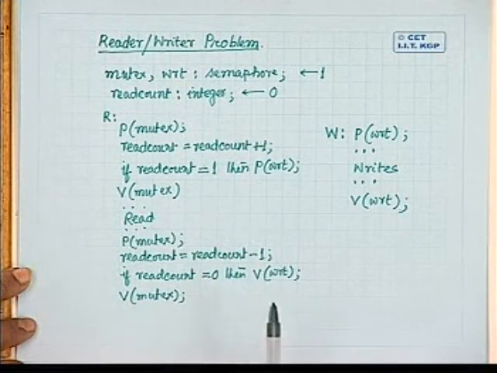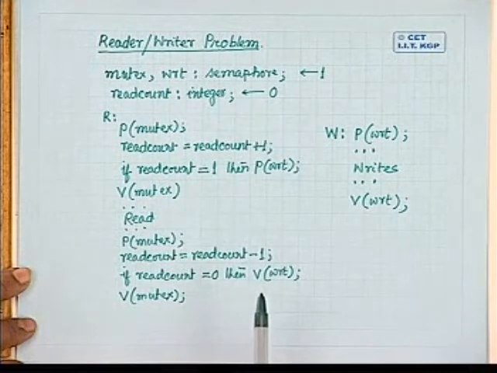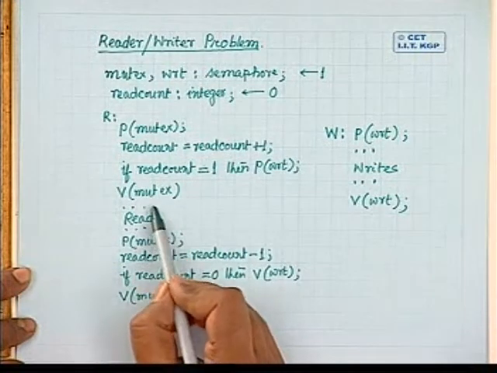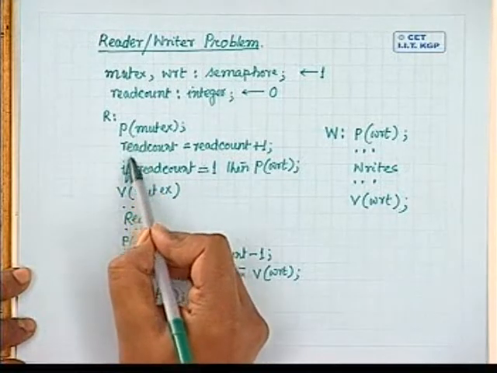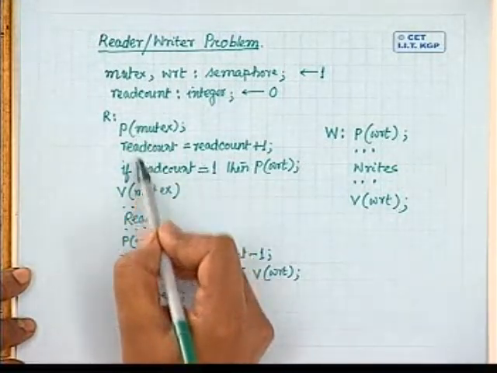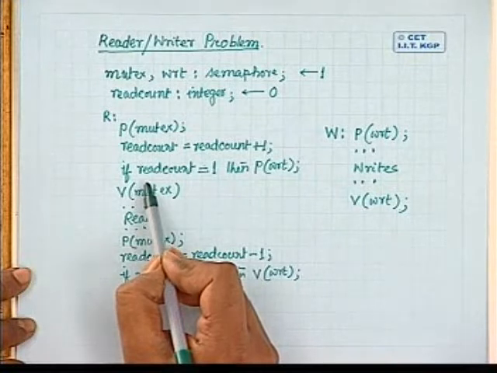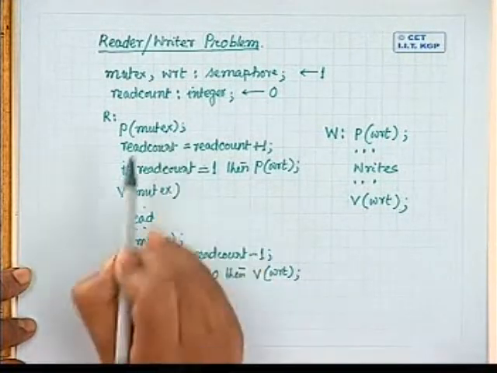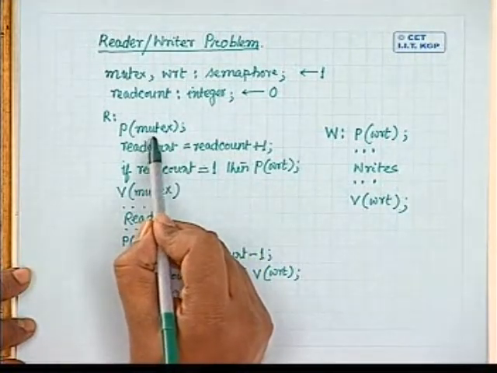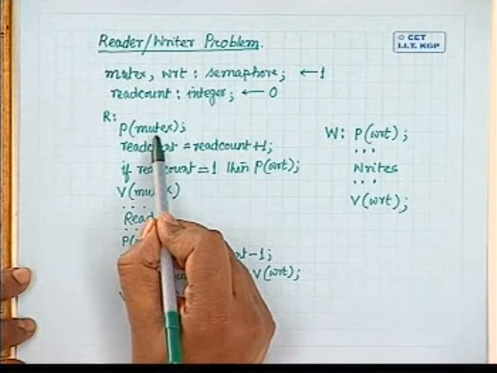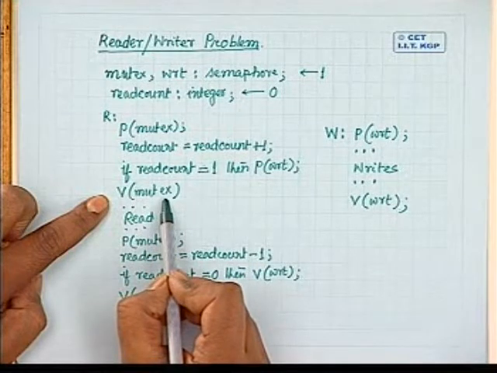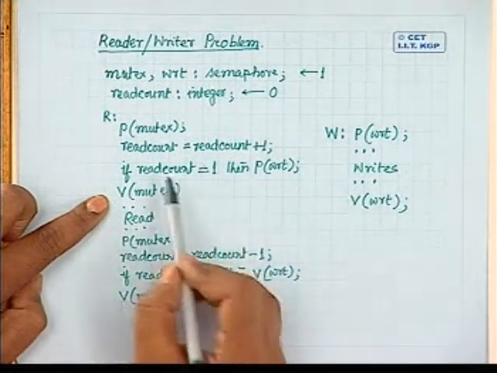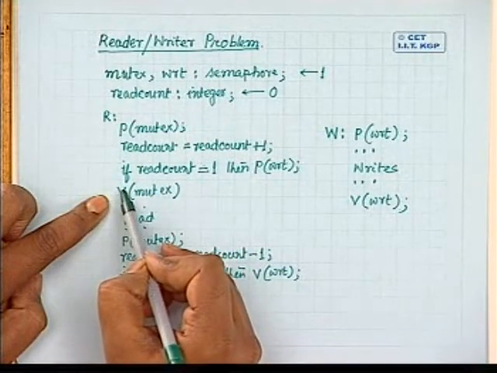I have a number of reader processes. Every reader process, whenever it wants to read contents of the file, has to execute these statements first. Now, whenever one reader process performs this p mutex operation, until it performs the corresponding v mutex operation, no other reader process can enter this part.